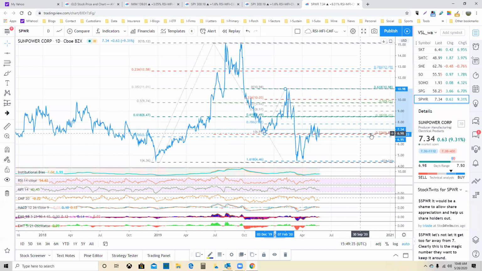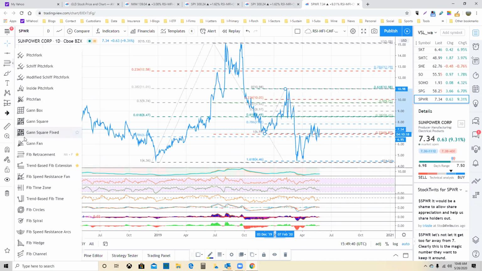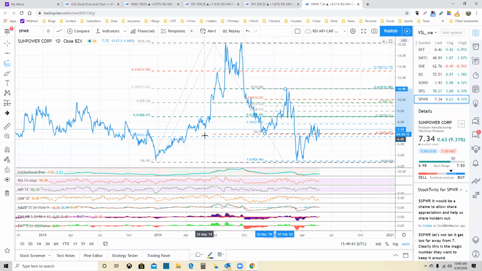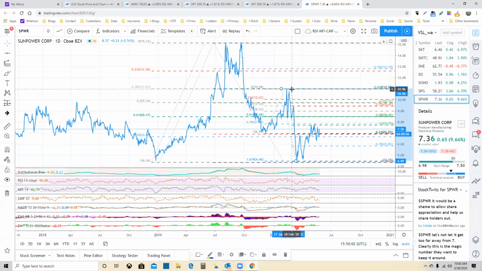Yeah, look at all those lines right in this area, right around 7-ish. I think you can pretty assertively sell cash secured puts at the money, you know, strike price, like $7 puts.